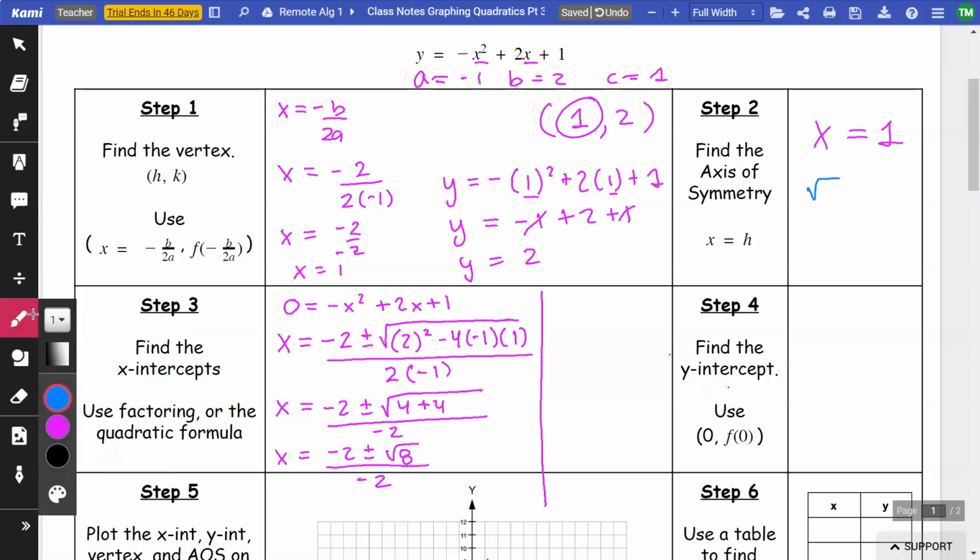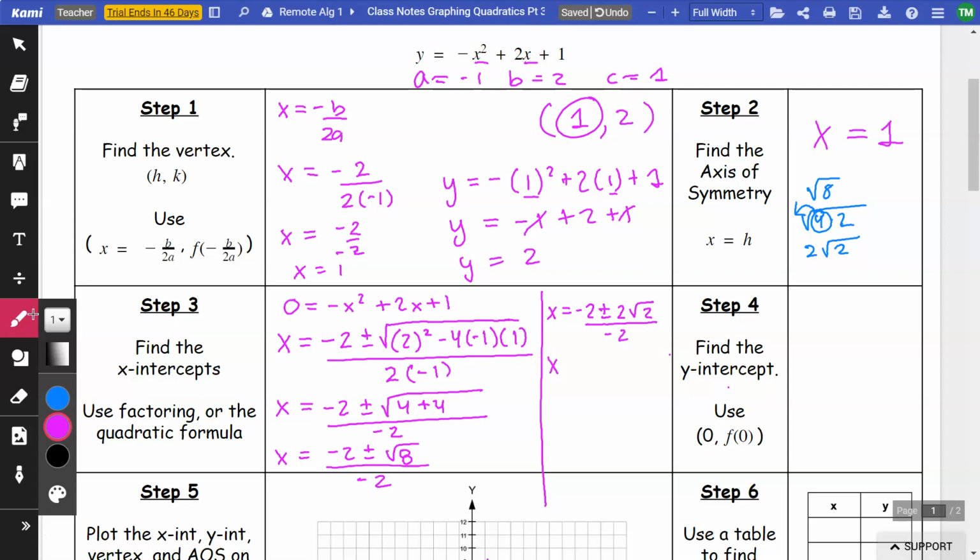The square root of 8 is really 4 times 2. The square root of 4 is 2, so I can bring that out front. So root 8 simplifies to 2 root 2. So this is x equals negative 2 plus or minus 2 root 2, all over negative 2.